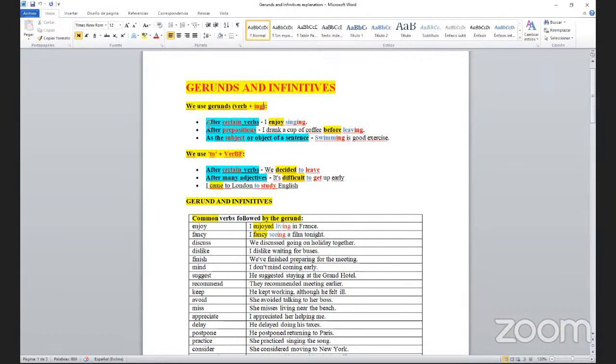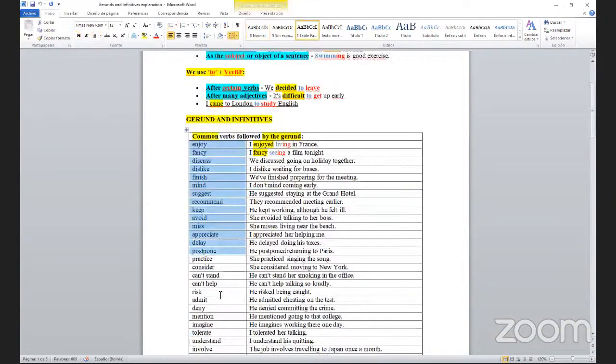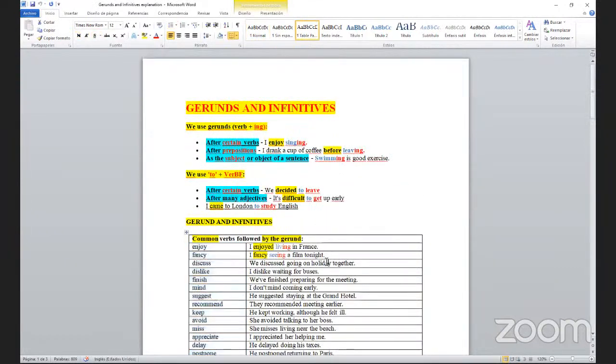So what things or in what cases can we use gerunds? We could use in these cases after certain verbs. Okay, so which are those certain verbs? Those common verbs are these, for example. Okay, we have a list and I will send you this again.